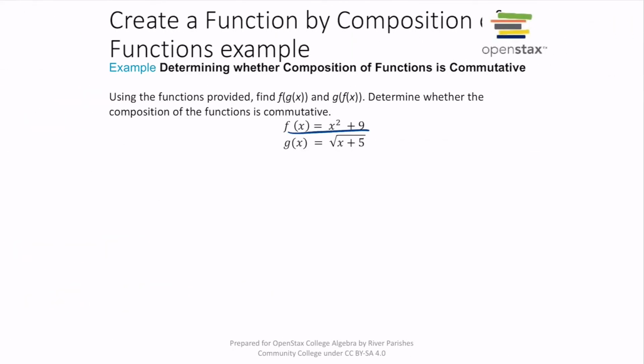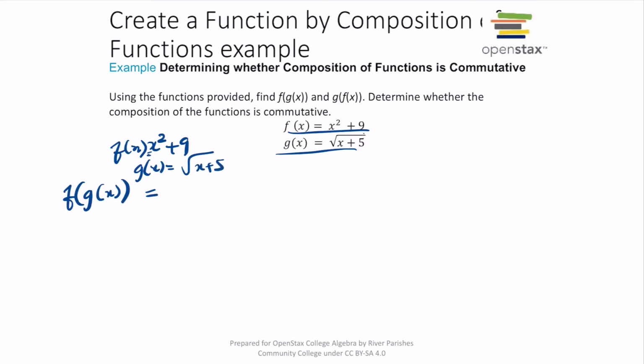So let's try this example here. For the first one, let's find f(g(x)). First, write down what we know: f(x) is x square plus 9 and g(x) is root of x plus 5.